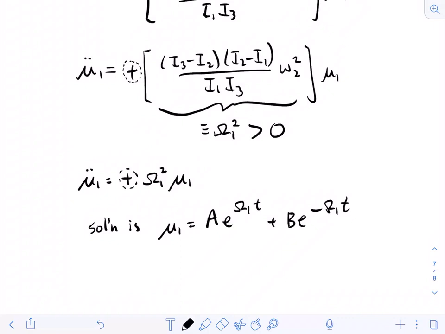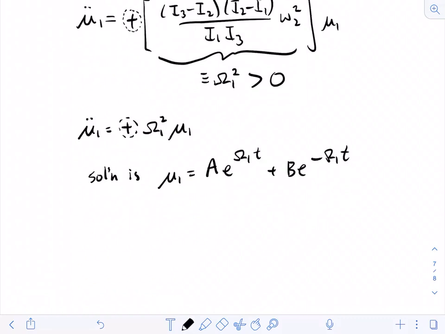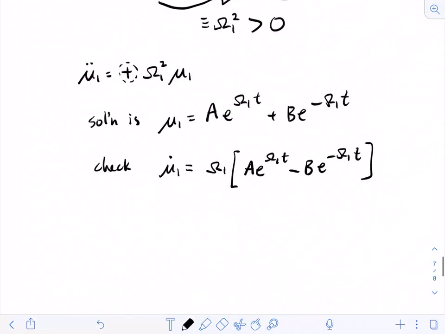There's no j in these exponentials. They're not complex exponentials anymore. They're just straight up exponentials. So we could check that the solution works. We take one time derivative. We're going to pull down an omega 1 for the first term and a minus omega 1 for the second term, and then we take a second time derivative.